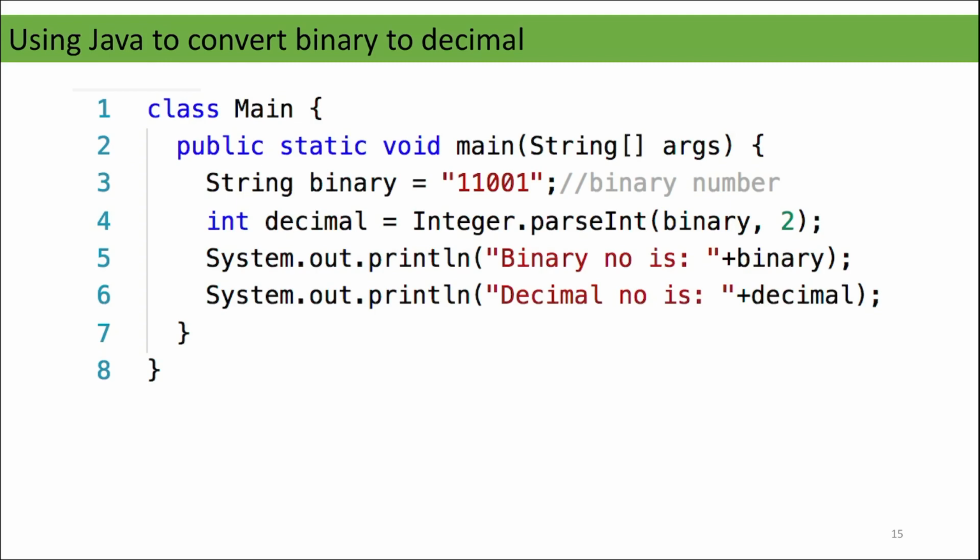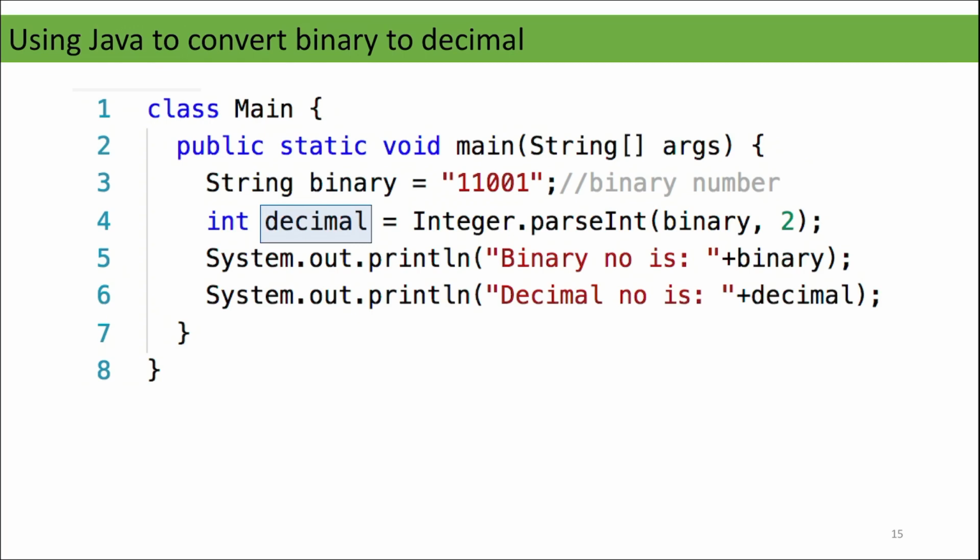Now here is a small program in Java that will convert numbers from binary to decimal, which is what the system uses. In this one, as you can see, this line is just declaring a variable called binary of type string and storing the binary number as a string, because the programming language does not have a data type of binary, so we're using string.